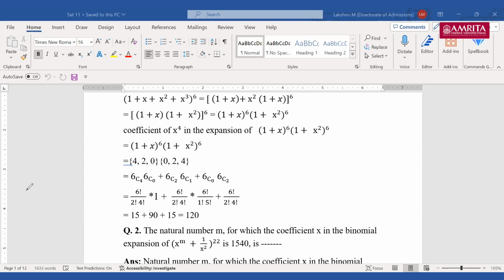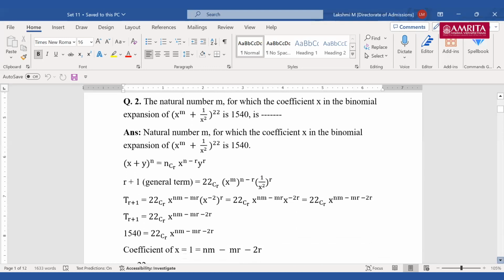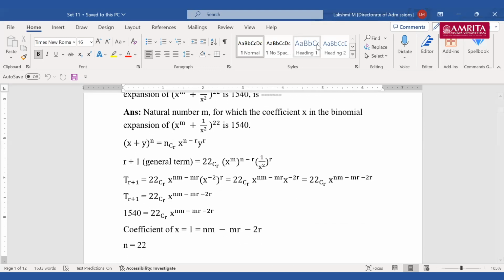The natural number m for which the coefficient of x in the binomial expansion of x raised to m plus 1 by x square, whole raised to 22, is 1540. Okay, there is another answer which is 20. I would say this model of question repeats in examinations. This is a very easy question, so you need to be careful when you are answering the exams.